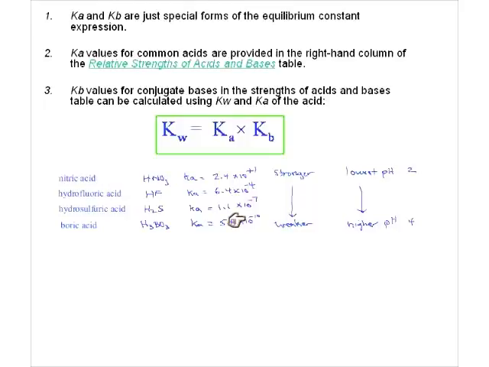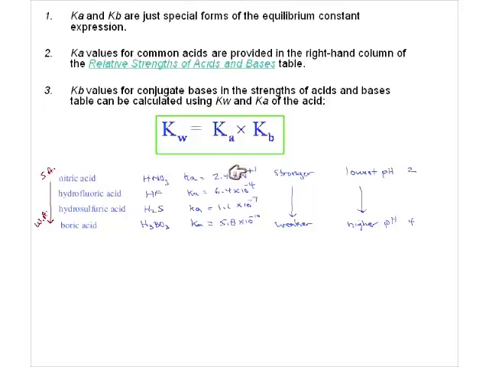As we go down the table, we're noticing that these guys up here are stronger acids, and as we start going down the table, they get weaker and weaker and weaker because the percent reaction is getting smaller and smaller and smaller. But not only is the percent reaction getting smaller, so is the value of K. And again, we're looking at the exponent here.